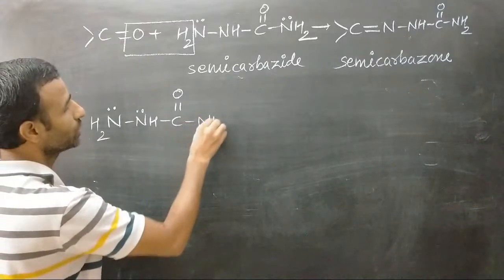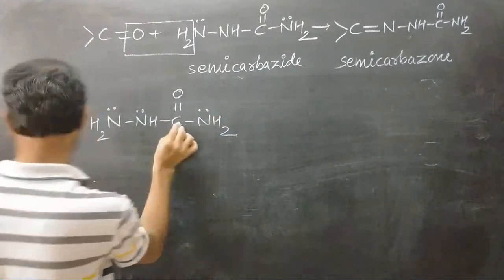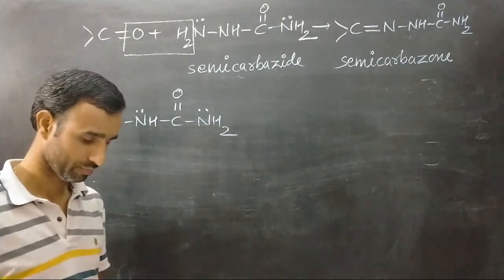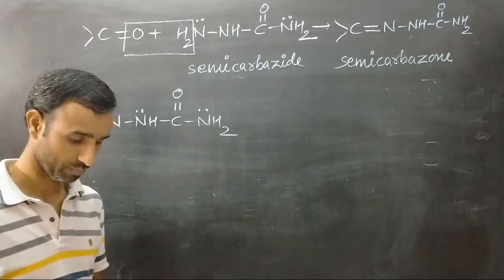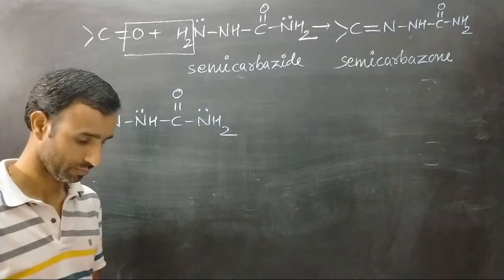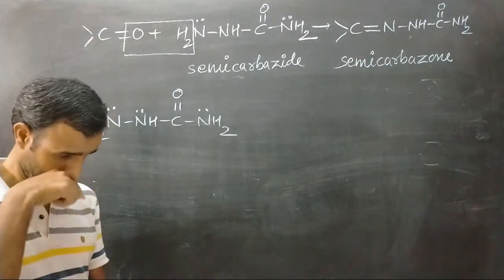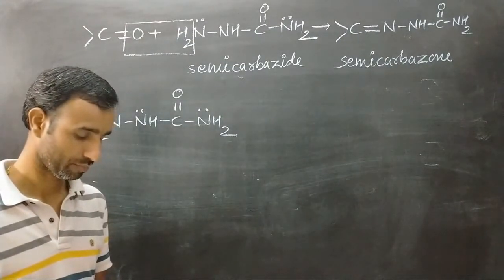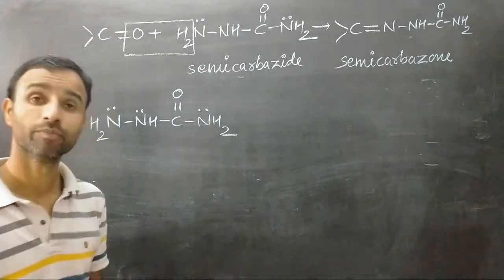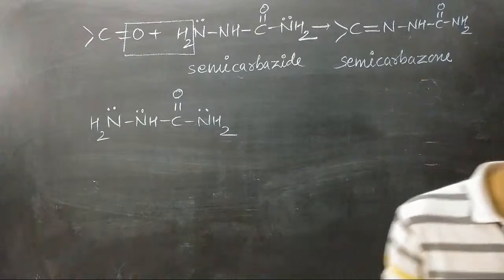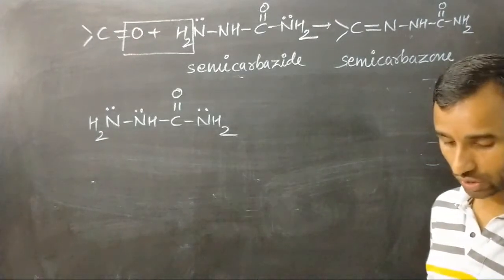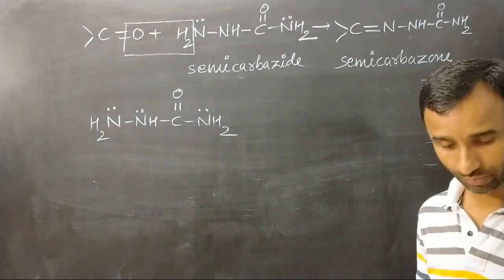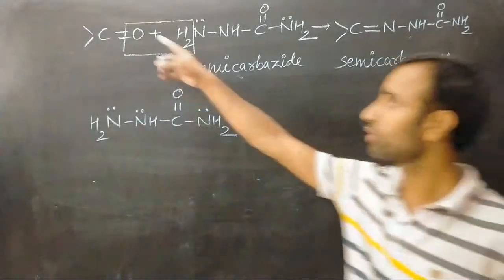Why is the NH2 which is away from CO involved in the reaction with the carbonyl group?